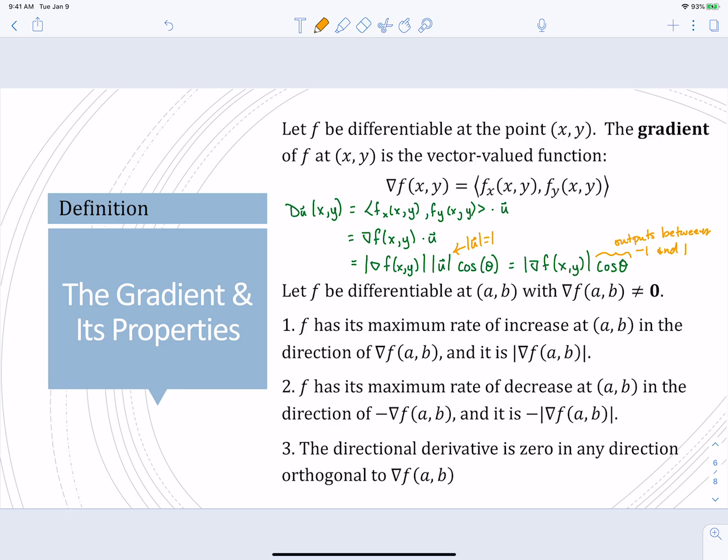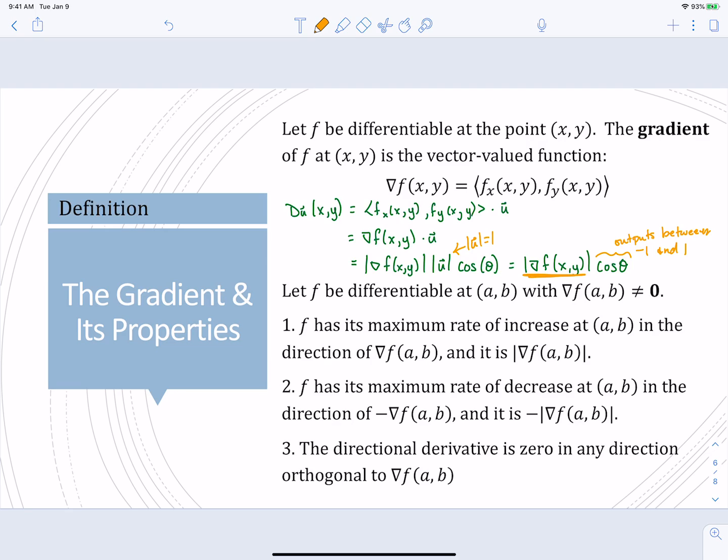If we think about that directional derivative, because that tells us the slope of our surface at that point going in that direction, the slope is going to be the greatest when the cosine is equal to 1. When that happens, we just get the magnitude of that gradient.